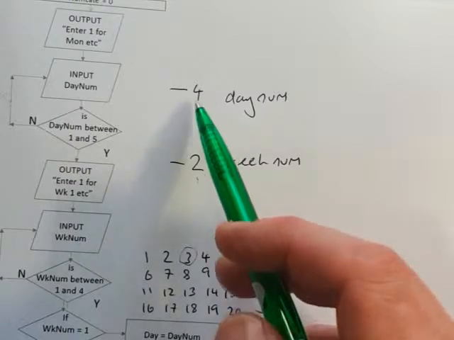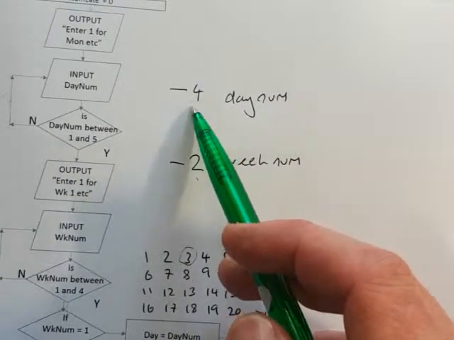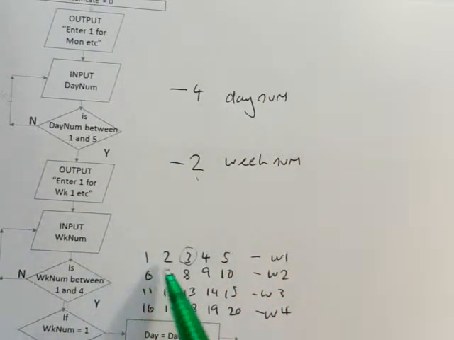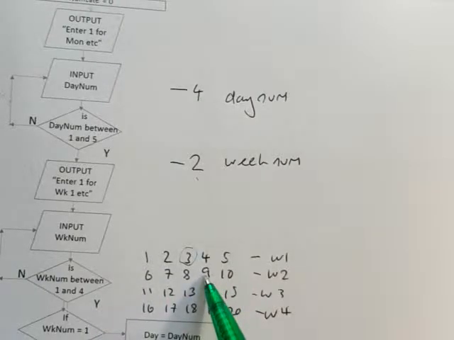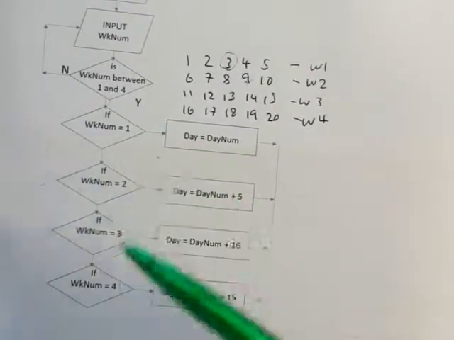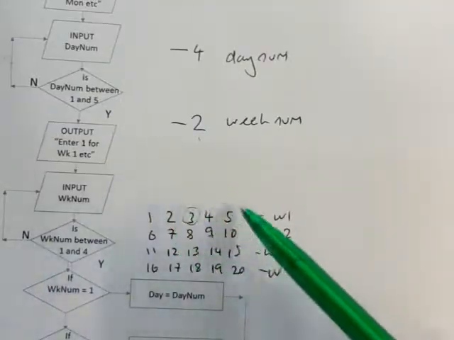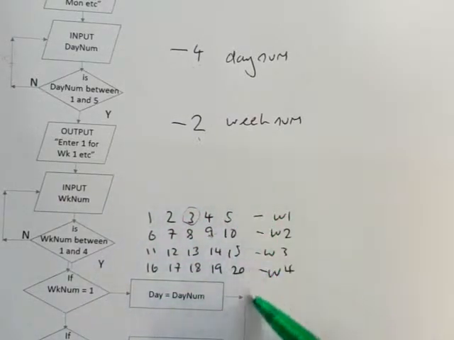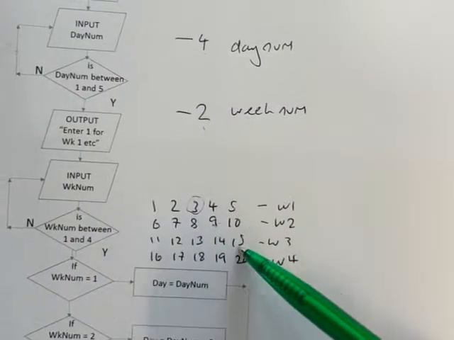So if we add a 5 to day num, that gives us 9. And let's see where that takes us. 9 is the Thursday of week 2, which is what they wanted. So we've got a little system here that allows them to enter a day and a week, and it will actually generate a position within the 20 days that we can then use.